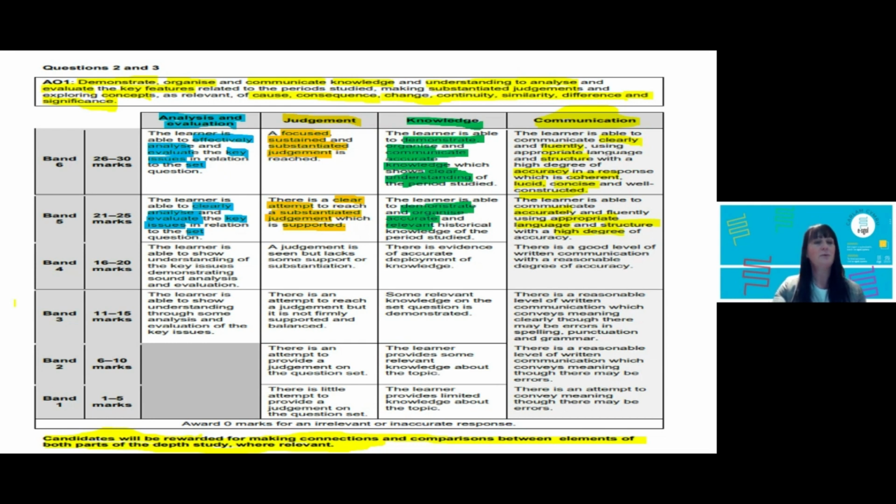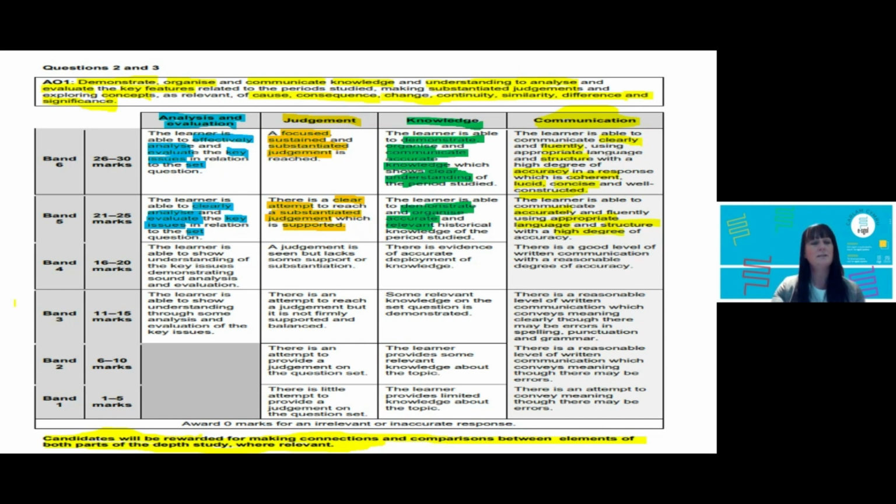Now, I'm only going to focus on band 5 and band 6, so the higher end of the essay bands. With the first column, which is analysis and evaluation, if we look at band 5 first, they're going to be given between 21 and 25 marks for a band 5, which is an excellent essay if you get into that sort of area of band. The learner is able to clearly analyse and evaluate the key issues in relation to the set question.